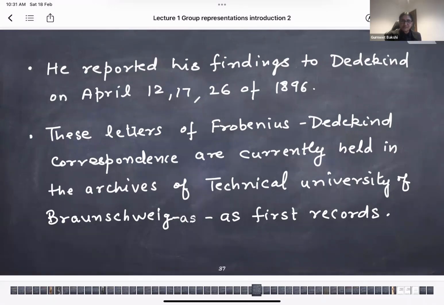Just after a month, he did all that. It was so quick. These letters are kept in the archives of the Technical University as the first records of the Dedekind-Frobenius correspondence. There was a lot of correspondence in those days between Dedekind and Frobenius, but these are the three important letters where he communicated the entire theory to Dedekind.